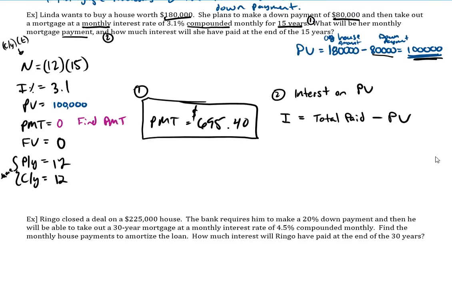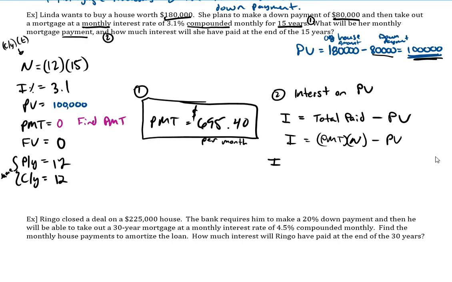And the total paid is the amount that she's paying per month, the 695.40, and you can even put the per month on it. It's assumed it's the monthly mortgage. And then she's making 12 payments per year because there are 12 months in a year, for 15 years. So that total paid is the payment times n.